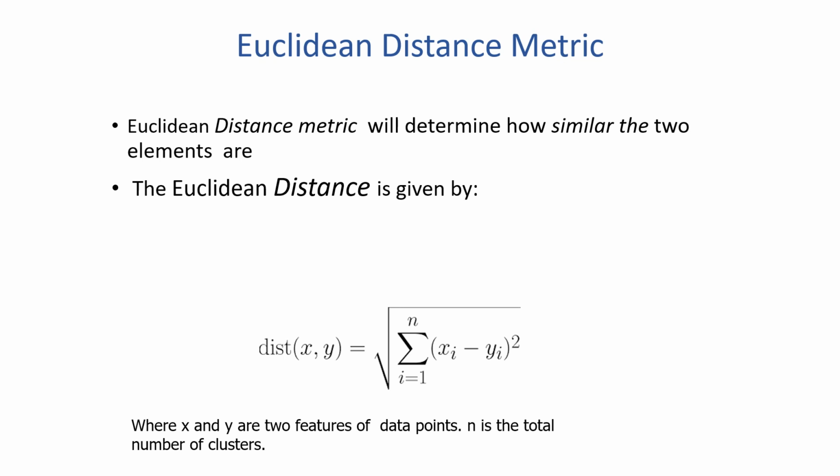We'll see first about the Euclidean distance metric. This distance metric is going to tell how similar or how dissimilar two data points are. So the similarity is calculated in terms of the distance between the attributes of the data points. These attributes are nothing but the features of the data points. Since we said our data points are going to be documents, let's say the features can be words.